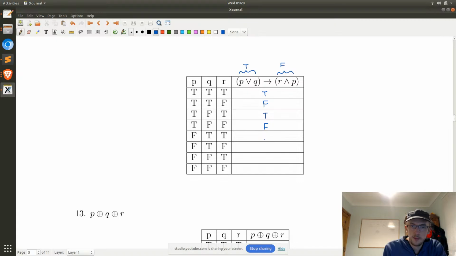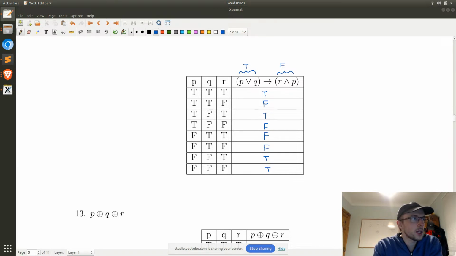So false. True on the left. False on the right. So false. Not true on the left. False on the left, which is always true. And that's good. So this is P or Q implies R and P.